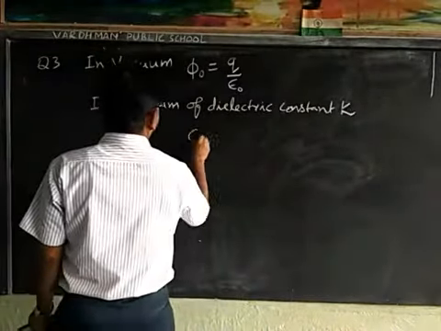The question is: two charges of magnitude minus 2q and plus q are located at points A0 and 4A0.